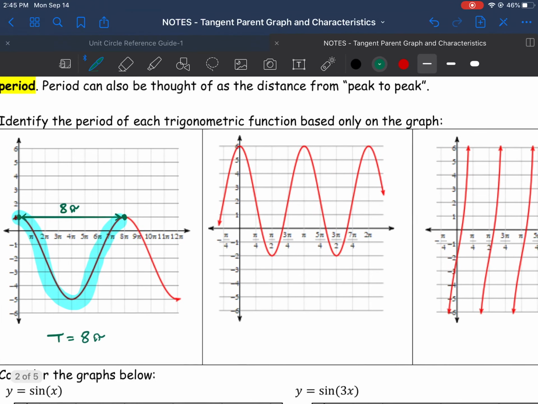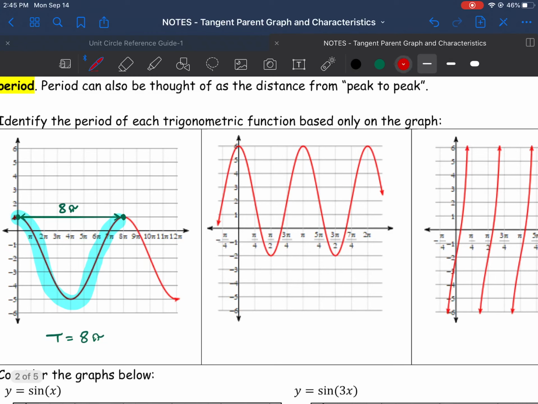Let's try another one. If we look at this middle graph, let's go ahead and highlight one complete cycle. Okay, there's one complete cycle, then the pattern is going to repeat itself.